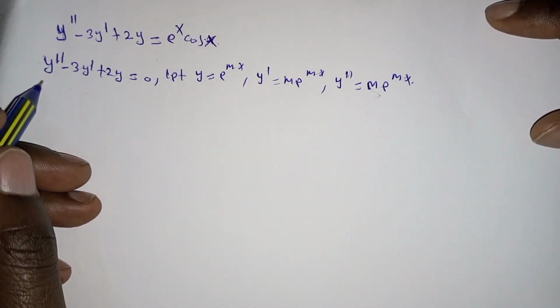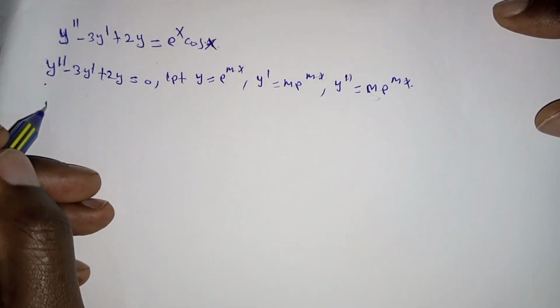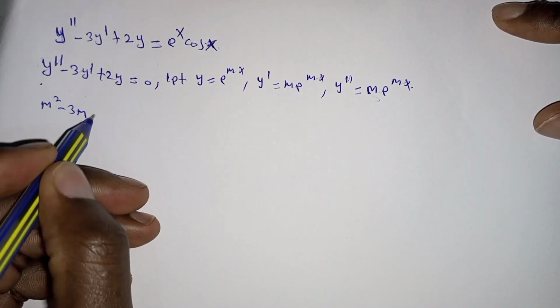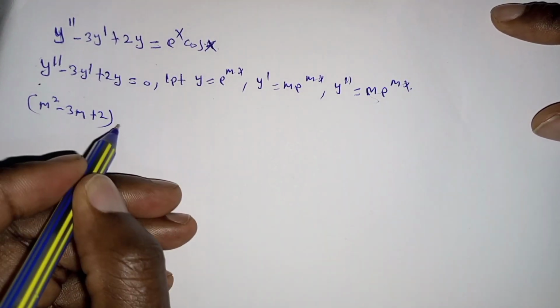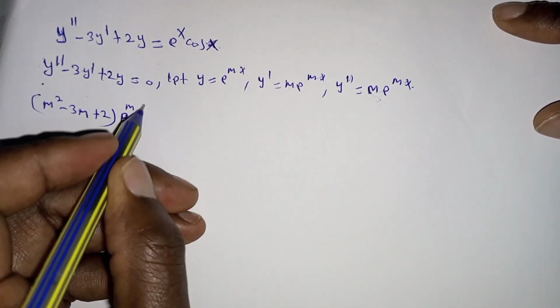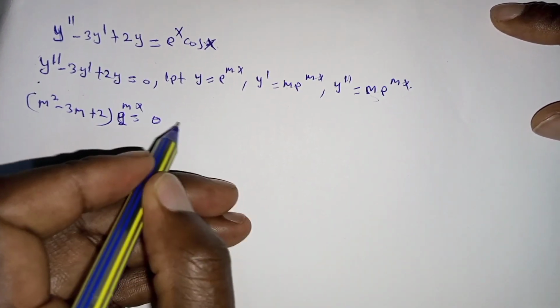From that, now we substitute our value here so that we will have (m squared minus 3m plus 2) times y, where y is e^(mx), is equal to 0.